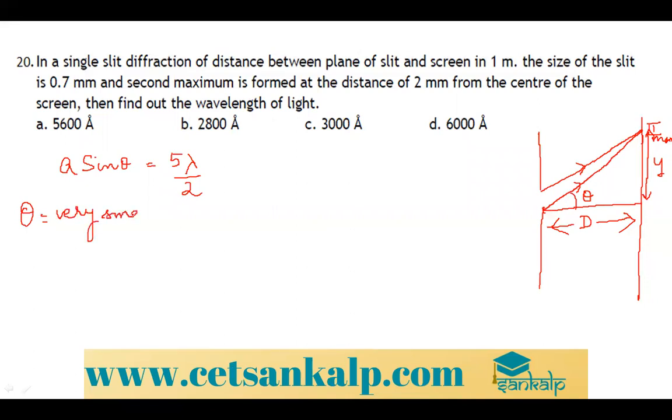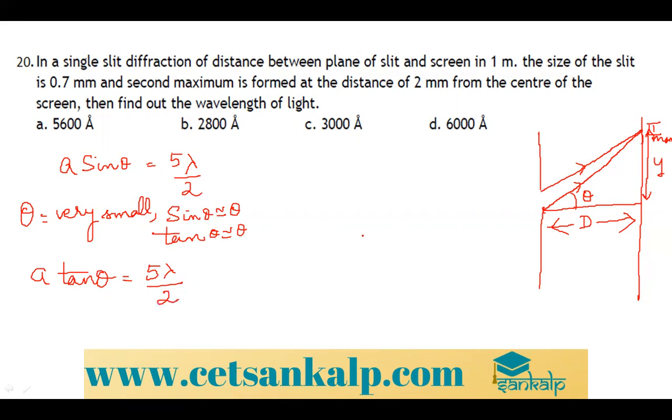Since theta is very small, sine theta is approximately equal to theta. The same way, tan theta is approximately equal to theta. Since this is the condition, instead of sine you write tan theta is equal to 5 lambda by 2.